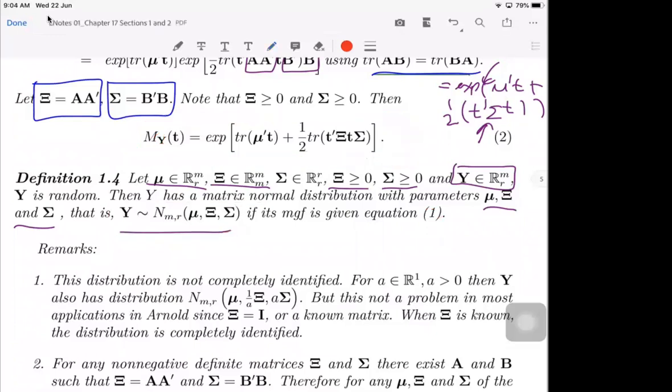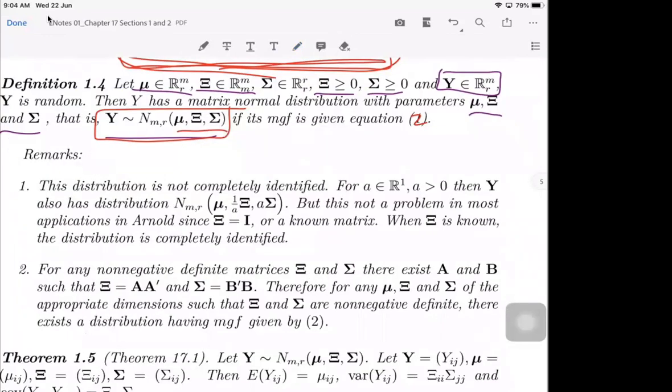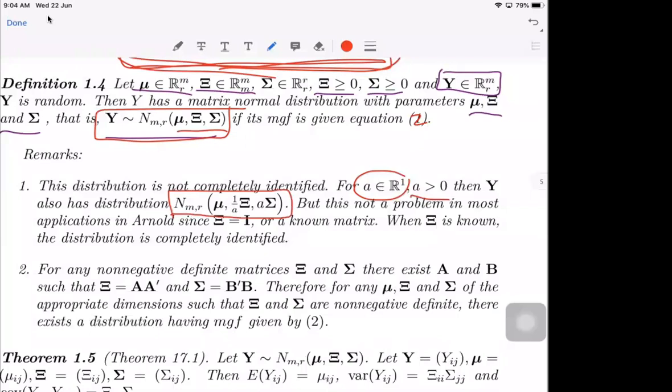So some remarks: this distribution is not completely identified. For a scalar greater than 0, y also has this distribution. It is normal with parameter mu, 1 over a psi and a sigma.